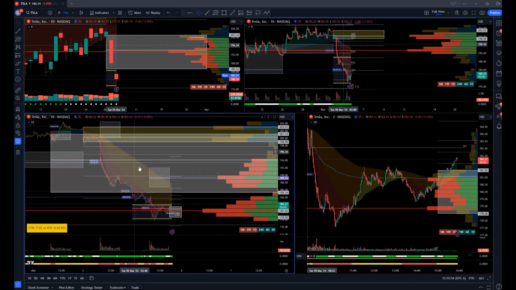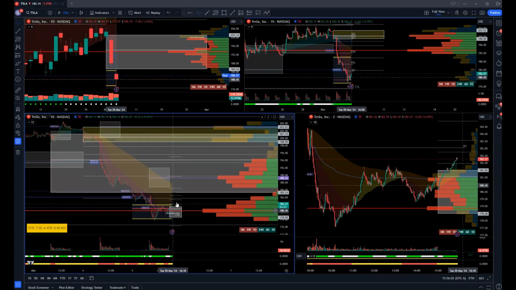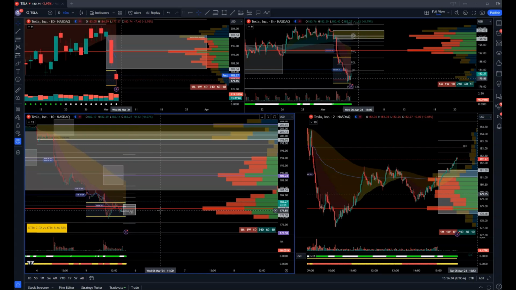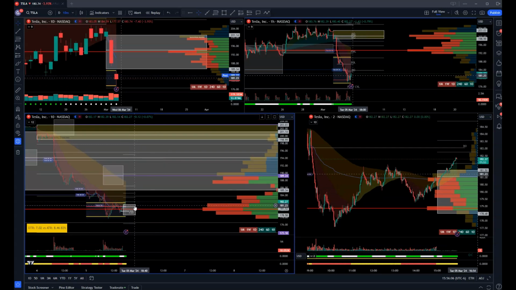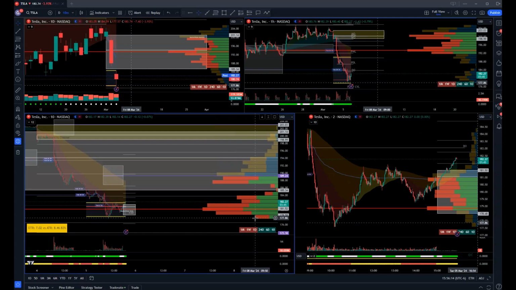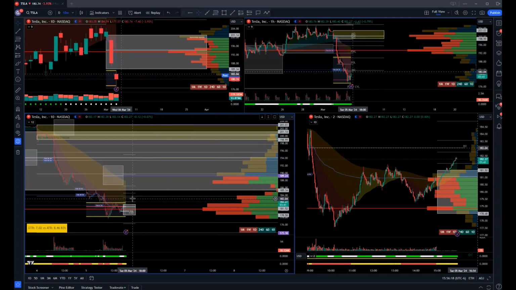If you remember what these boxes look like, you see these arrays of the daily market web volume profile, where you see institutional volume keep pressing it down. But interestingly enough, you've got potential for this to start to create a base a little bit, around this 177, 180 area.